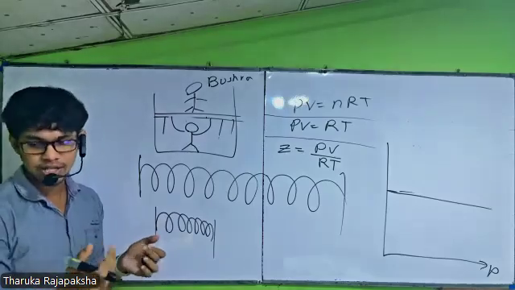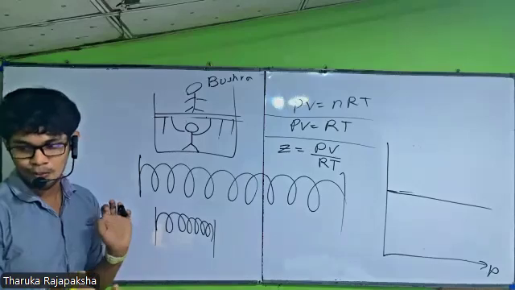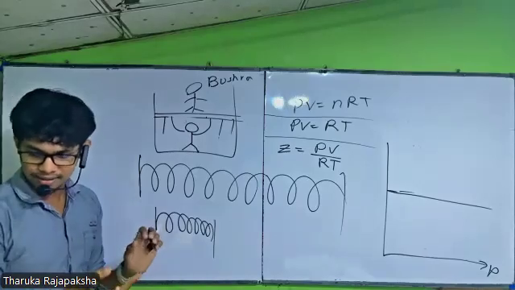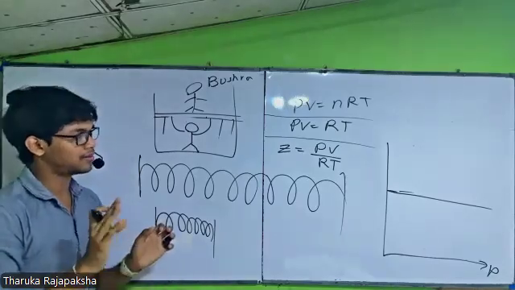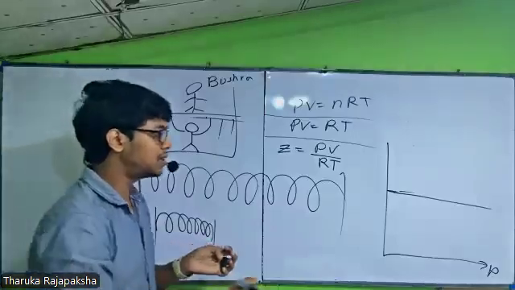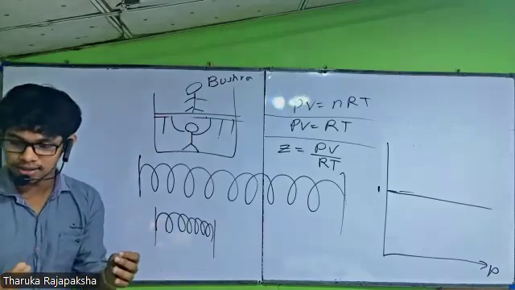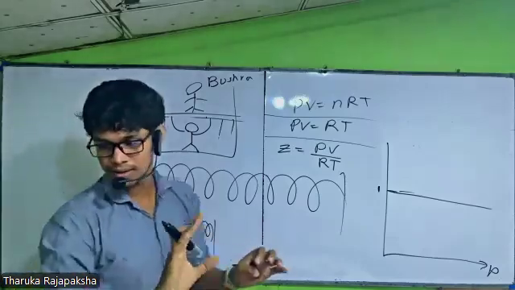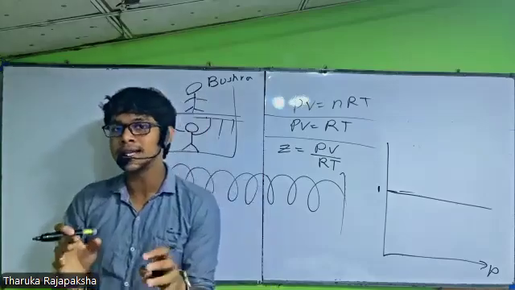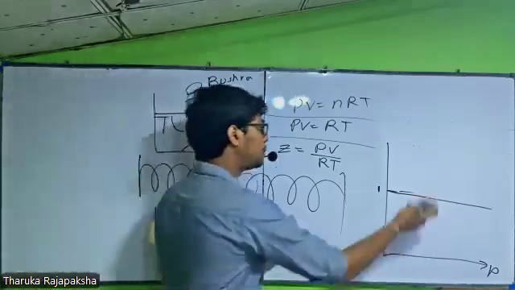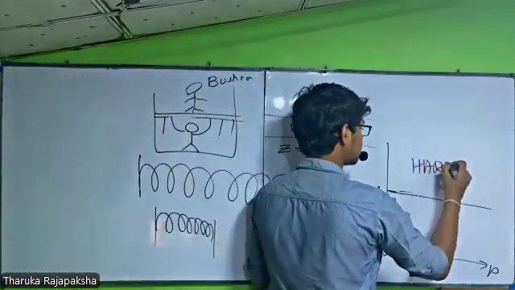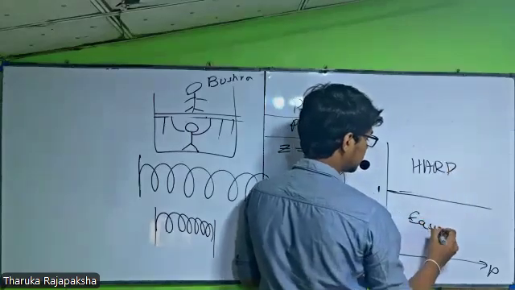If there are overall repulsions, is it easy or hard? Hard. That means it is harder when Z is greater than 1. So the top part is hard, the bottom part easy.